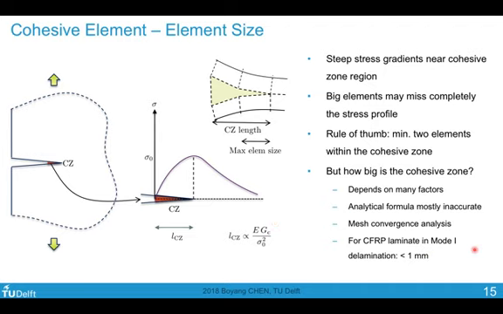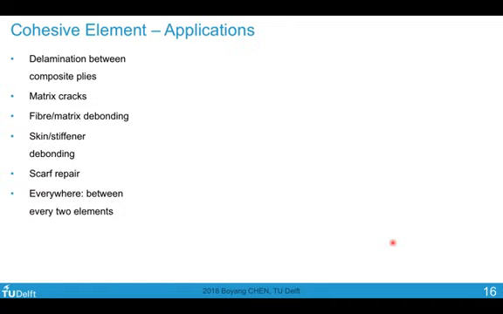For carbon fiber reinforced composites and mode 1 delamination, this cohesive zone size can be smaller than 1 millimeter. Usually mode 1 is the most stringent requirement. The cohesive zone size for modes 2 and 3 are usually larger than in mode 1.